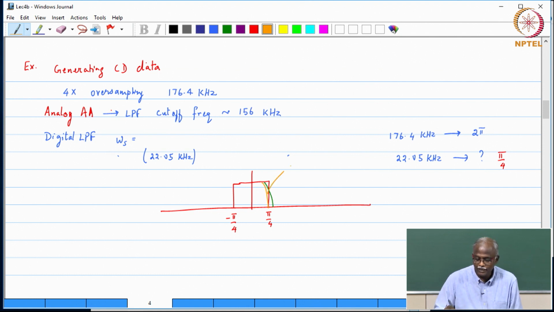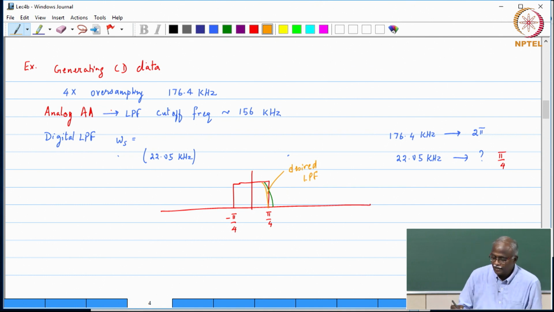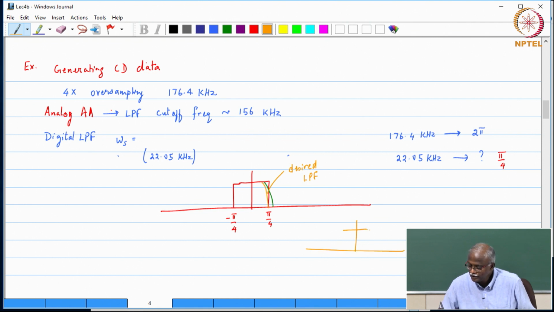That is the desired digital low pass filter. Remember, pi by 4 corresponds to 22.05. If anything outside of that is allowed, then I will run into problems with the effect of aliasing, because there are some unwanted signals present, because my analog filter allowed things to creep in. Okay, now having designed a low pass filter which looks like this, a practical low pass filter.